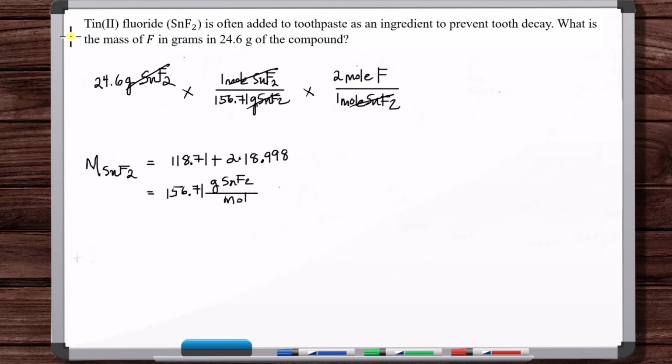Are we done? No, they're asking us for the mass of fluorine in grams. So how do we convert this to grams? Just use the molar mass of fluorine, and that was 18.998 grams of fluorine for every 1 mole of fluorine.